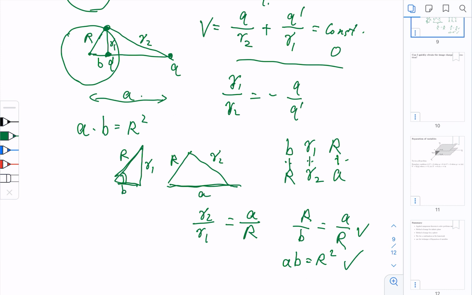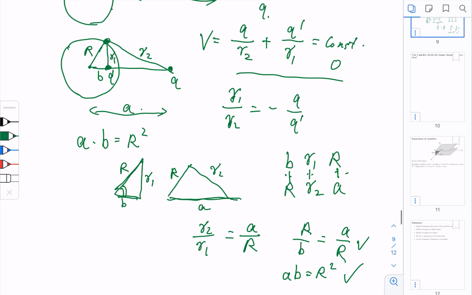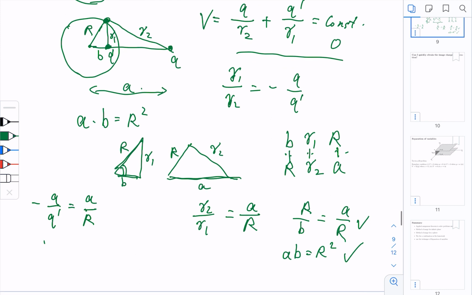And so we really find out this ratio, which is also the ratio of negative Q over Q prime, which is A over R, which means here Q prime should be negative R over A times Q, and this is the point charge that we need to put.